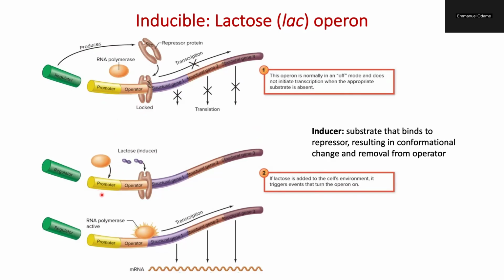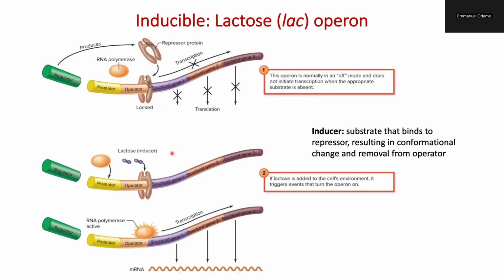Then we have the inducer, which is basically the substrate. We will need the inducer to induce the transcription to happen. So, I'm reiterating, even though the polymerase is present, it is being blocked by the repressor.